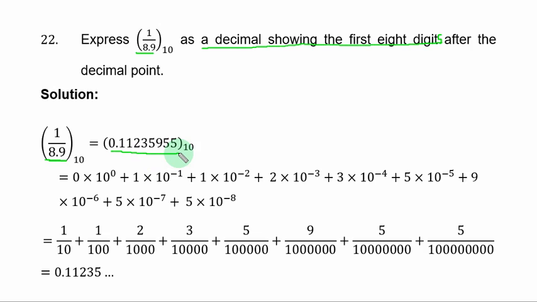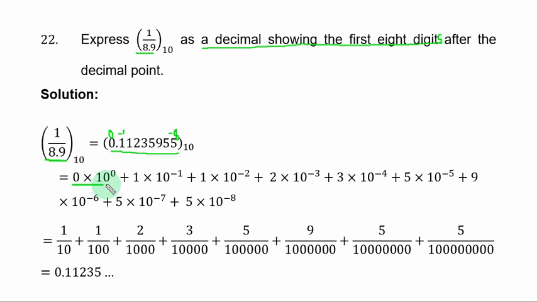So as you know, if you attach the position value, this will be 0. Here you start from minus 1 and you end with minus 8. So you multiply each digit by 10, and you attach the position value.